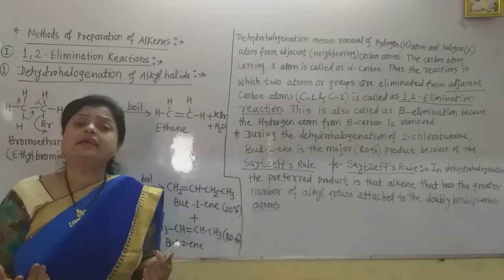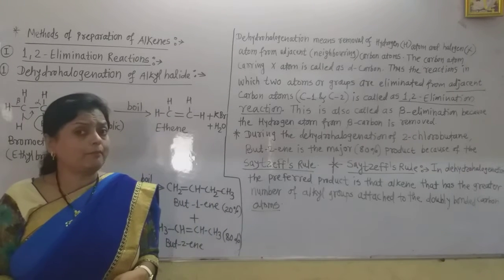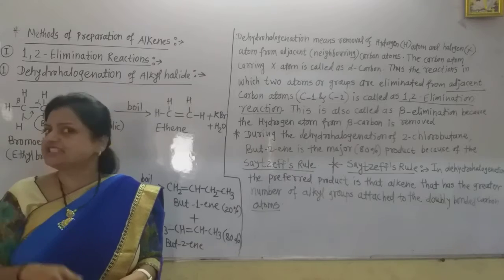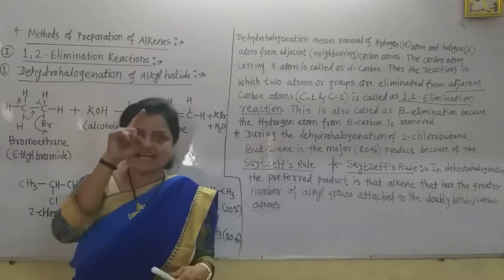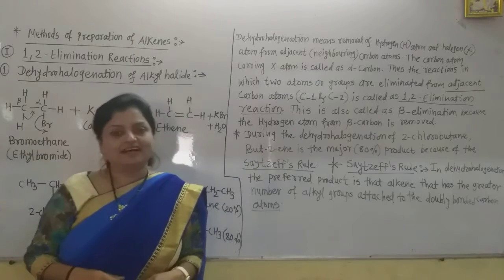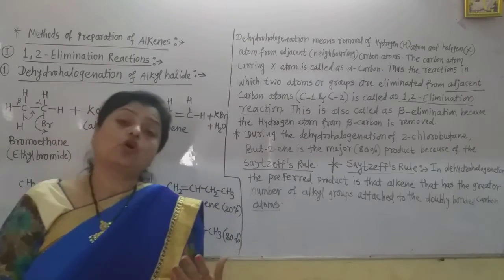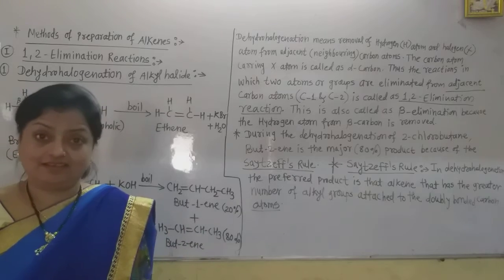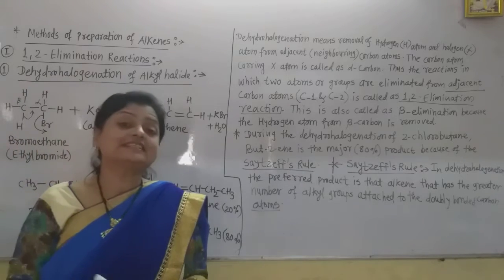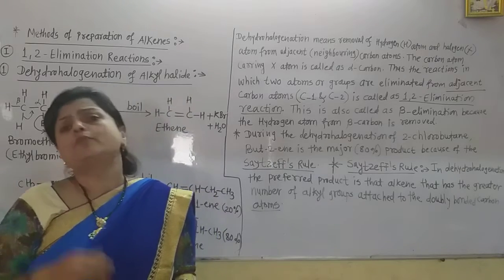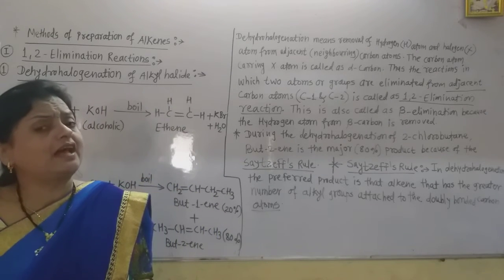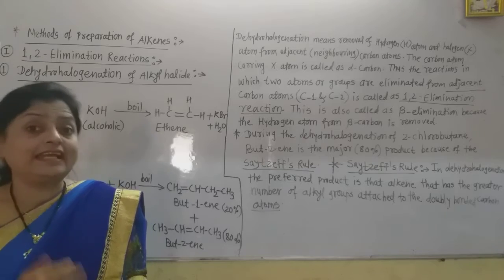We generally show the halogen atom by the letter X. X means halogen. So the general formula of alkyl halide is RX, or it is also called the haloalkane. Suppose CH3Br is there, we call it bromomethane. Suppose CH3CH2Br, we call it bromoethane.